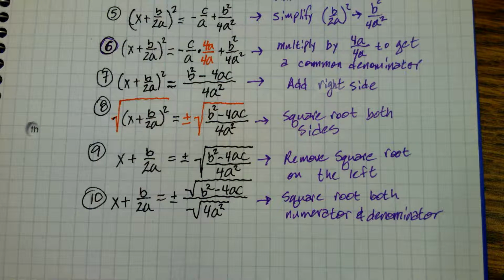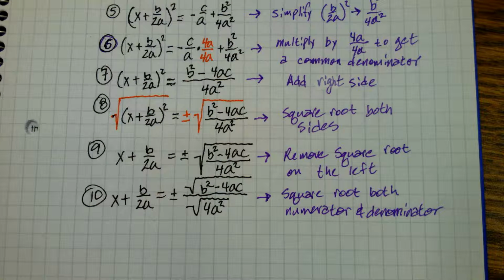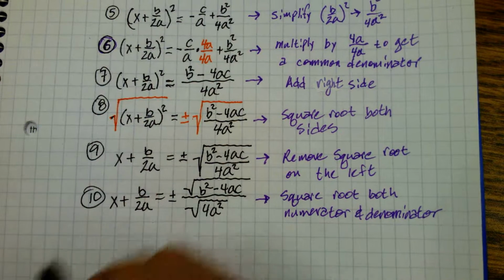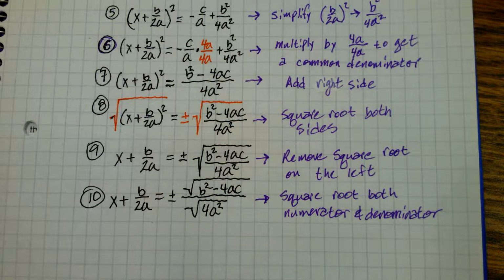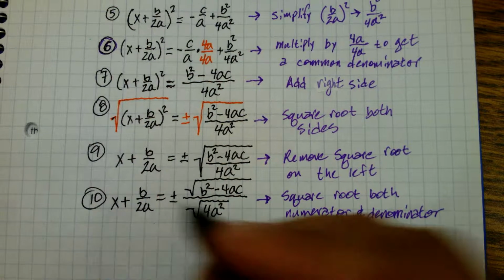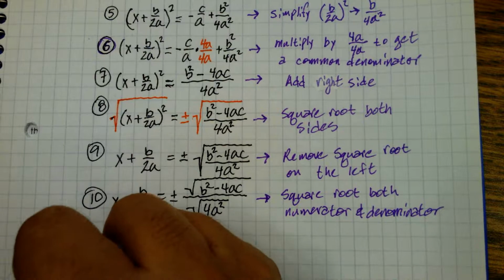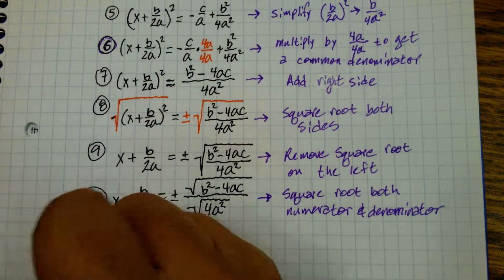And why did I do that? What can I do in the denominator? Yeah, cancel the square root. 4a squared becomes 2a. So let's go ahead and look at that. So step 11, oops, I'm using the wrong pen.